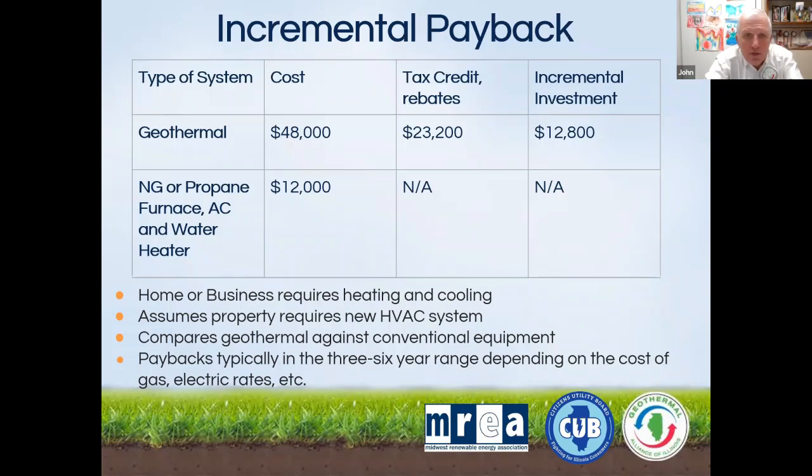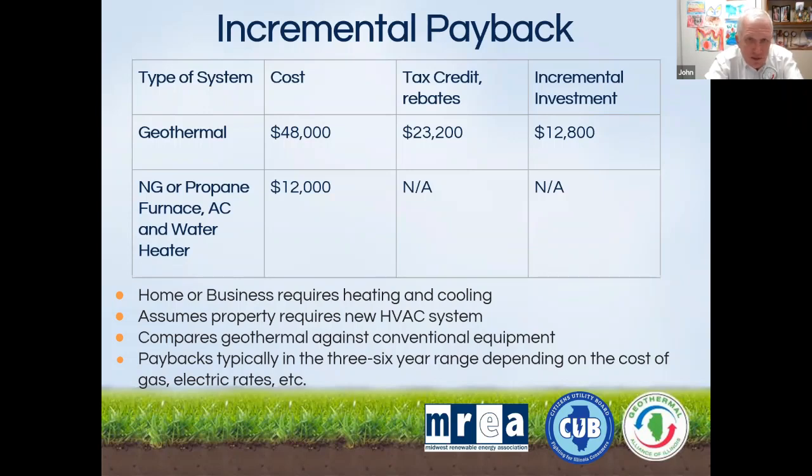And so the question is, how long does it take to pay that back in terms of energy savings? Now, most paybacks on residential geothermal back in the day were in the 3 to 6 year range. What I've been seeing is maybe 3 to 7 years, 3 to 8 years, something like that. And again, there's a lot of variables.